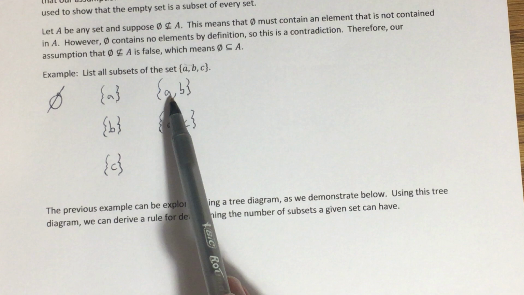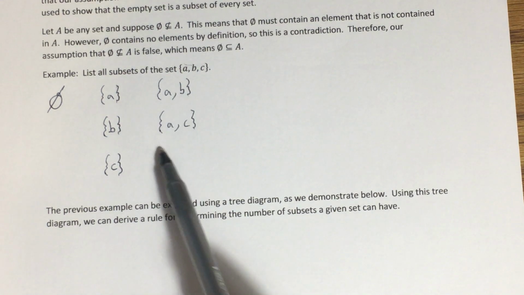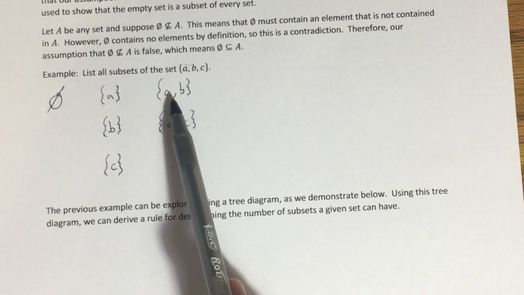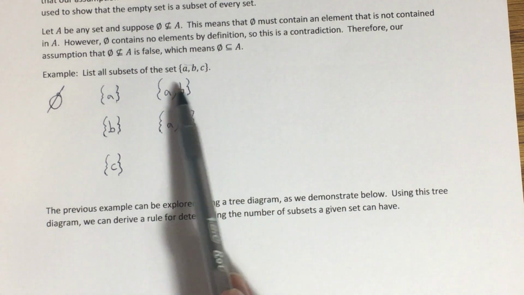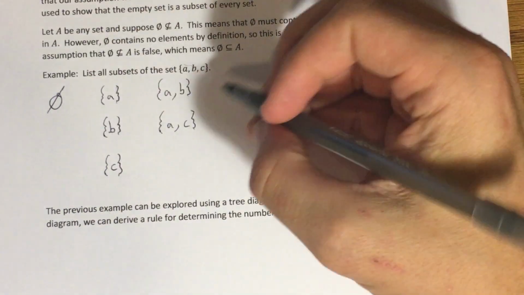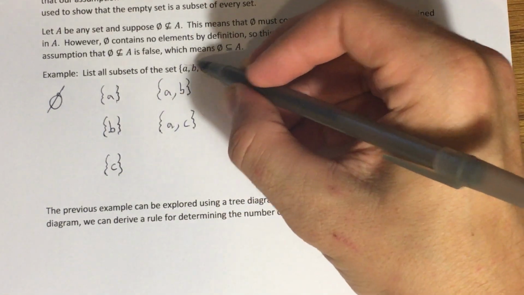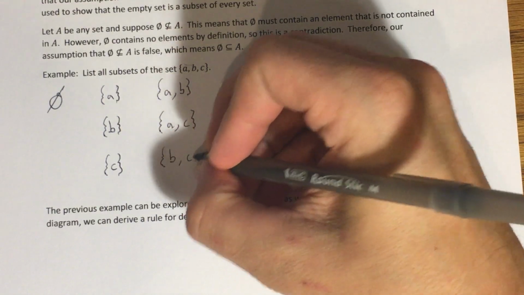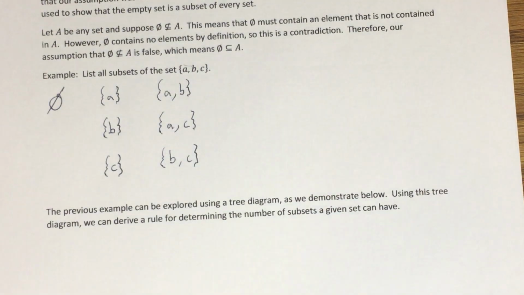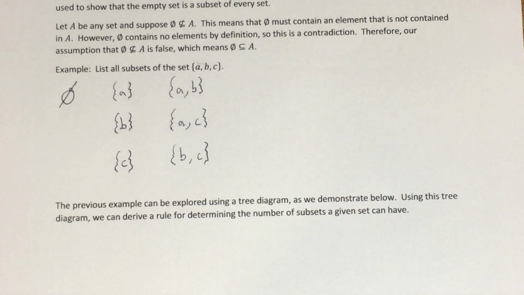Because remember, I've written A, B here. I'm not going to create another set B, A. Reversing the order of these 2 elements doesn't make a new set. So it's pointless to write B, A if I already have A, B. But A has no other elements that it can be paired with, and so the only other set that makes sense here is the set B, C. You should be able to see that those are all of the subsets that would contain exactly 2 elements.